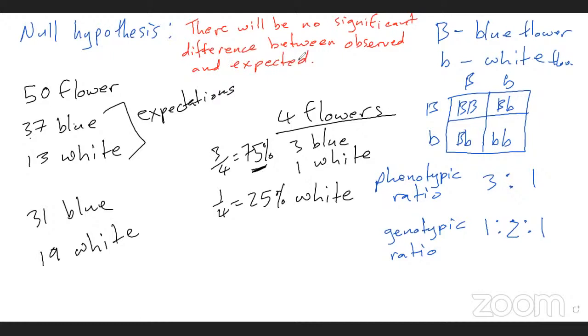So at the end of the experiment, we are going to either accept the null hypothesis or reject it. So how are we going to do that? We have to do a little calculation.